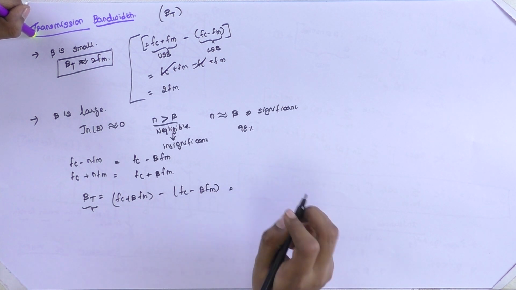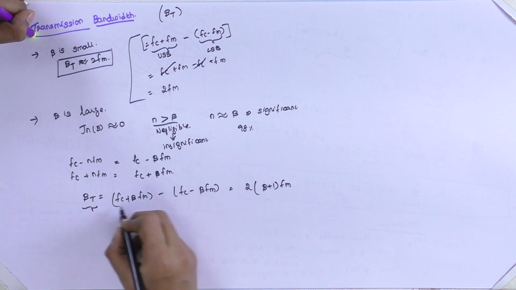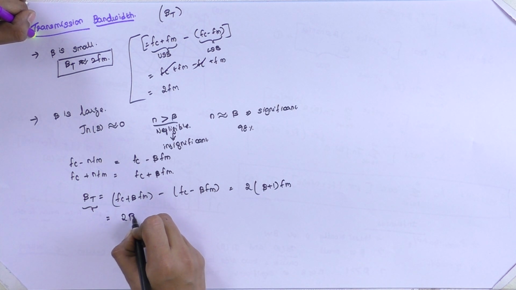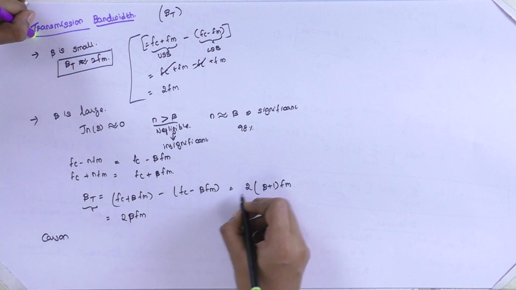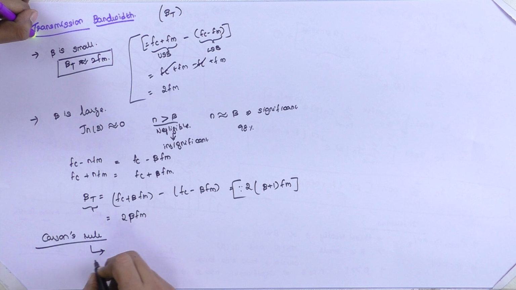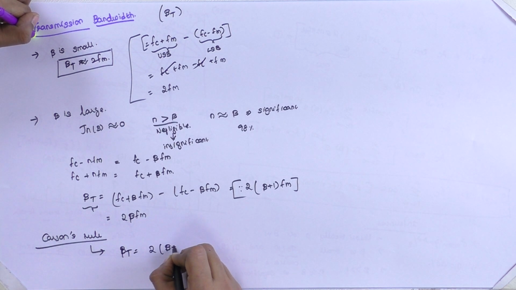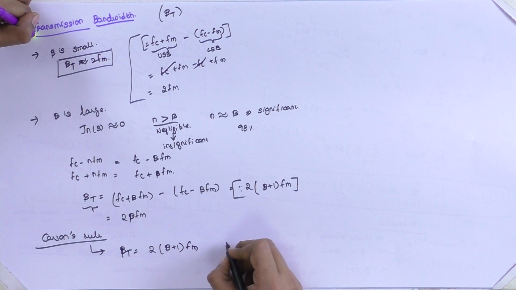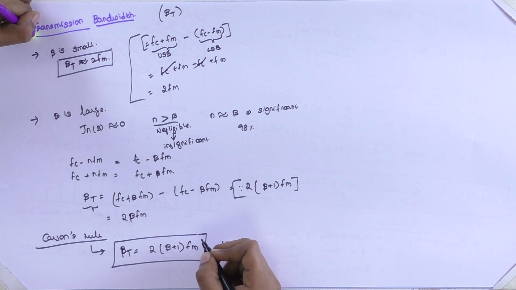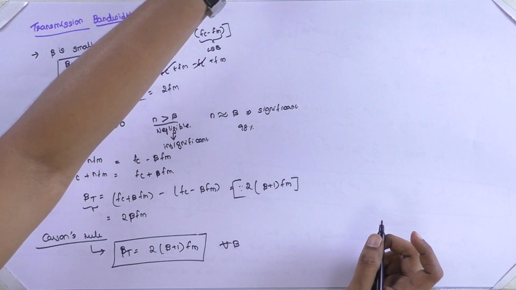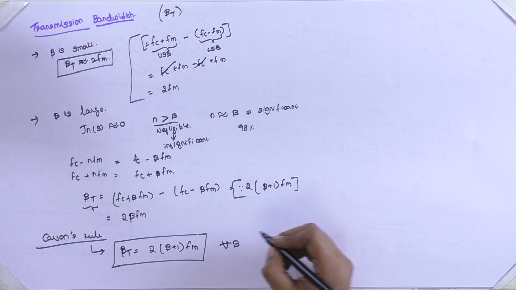It can be generalized by using Carson's rule, 2 into beta plus 1 into fm. Actually this formula would result in 2 beta into fm, but Carson generalized it. Carson's rule is BT equal to 2 beta plus 1 into fm for all values of beta. This is the transmission bandwidth according to Carson's rule.